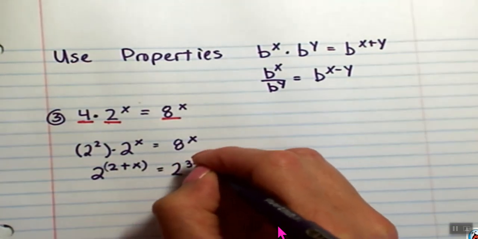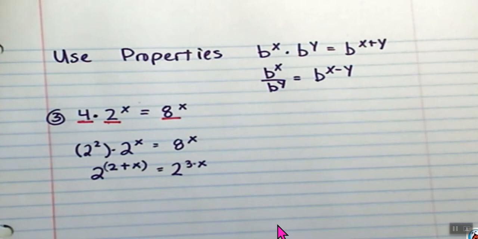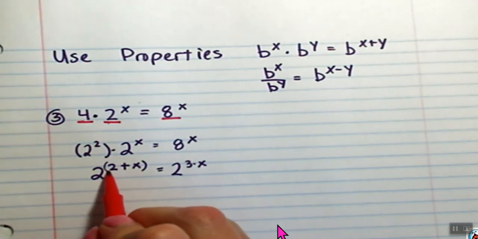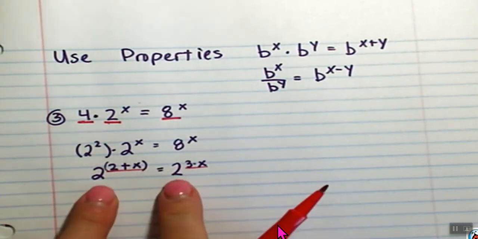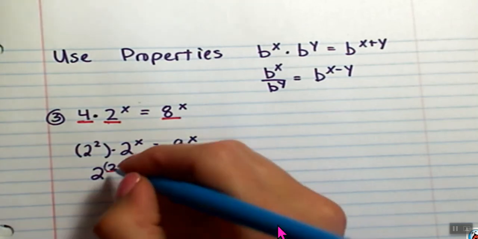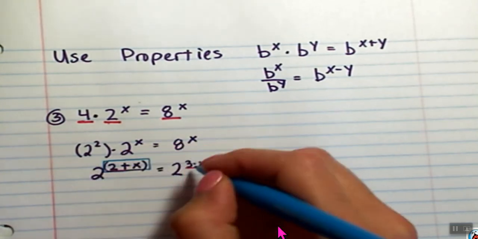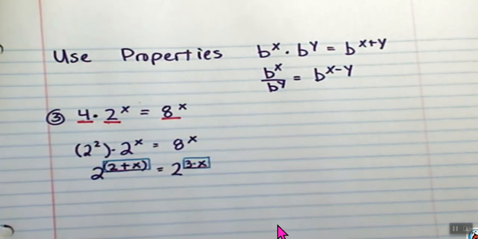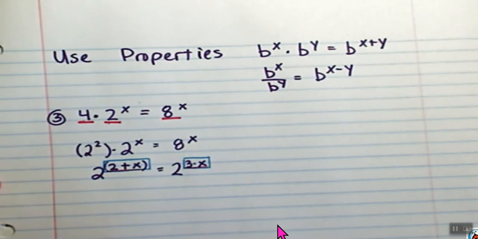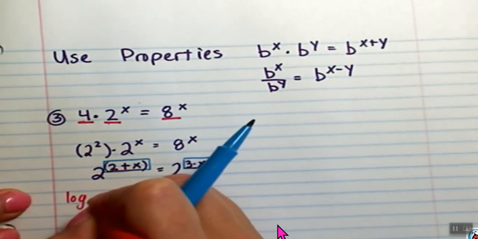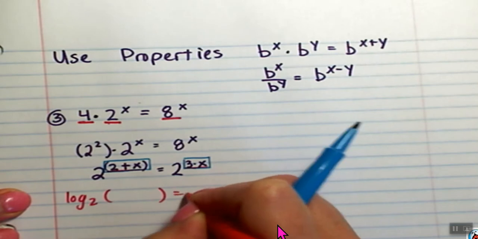That's 2 cubed. Okay, so now I can see that I have the same base on both sides, which means that the exponents are equal. Now, I will still show you the log of both sides because that's technically what we are doing.